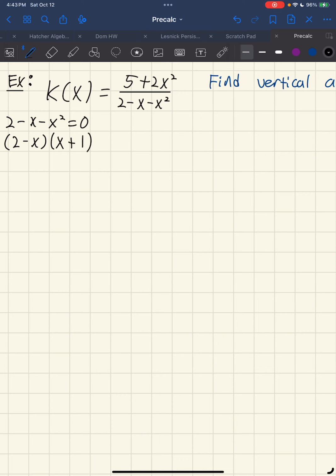Let's do that out really quickly. Let's see if I did that right. This will be 2x plus 2 minus x squared minus x. Close, but not quite. We want this guy negative, this guy positive.